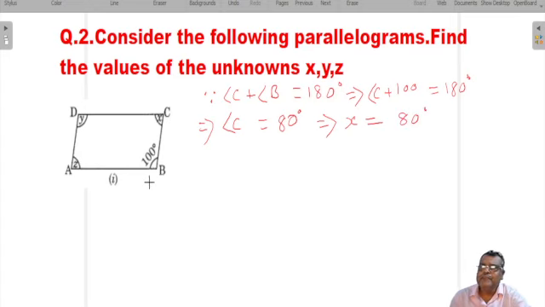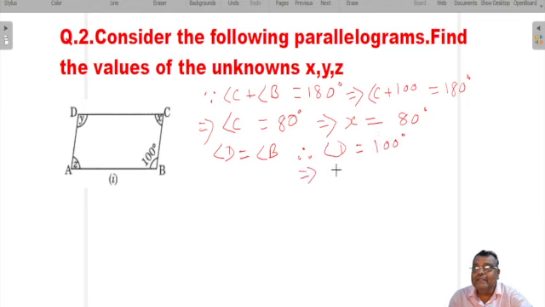Now you see, y is equal to 100 degrees. Angle B is equal to angle D. Angle D is equal to angle B because opposite angles of a parallelogram are equal. Therefore, angle D is equal to 100 degrees. And angle D is y.